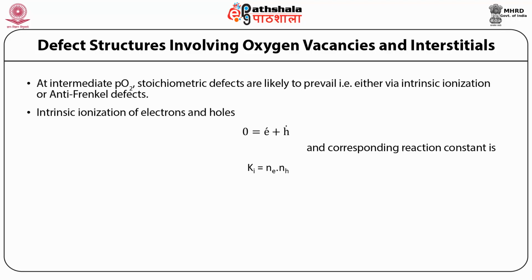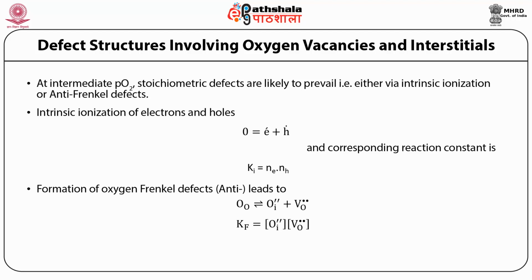times NH. Similarly, the formation of oxygen Frenkel defects, that is anti-Frenkel defects, leads to OO gives OI double prime plus VO double dot, with the reaction constant as Kf, here used for the Frenkel.